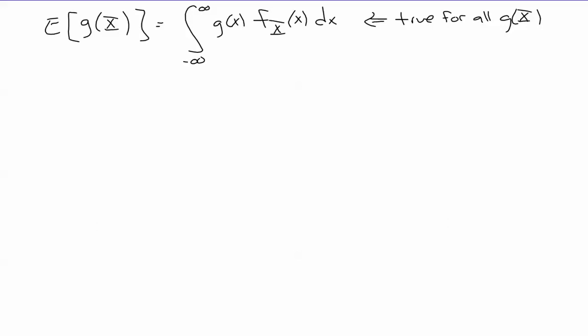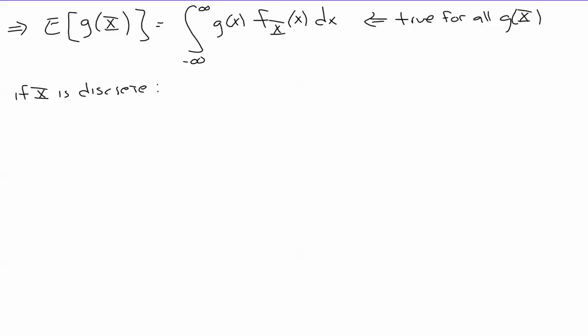All right, what happens if x rather is a discrete random variable? So this is my general result. Beg your pardon. But let's look at a special case, if x is discrete.